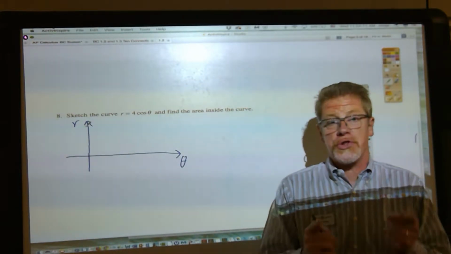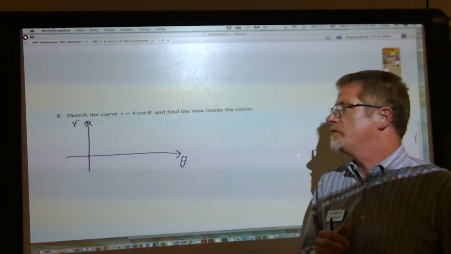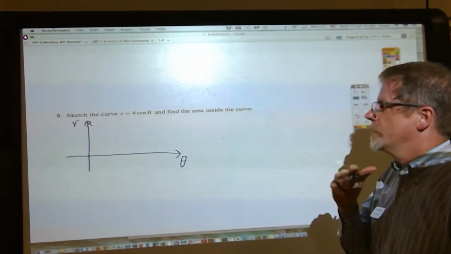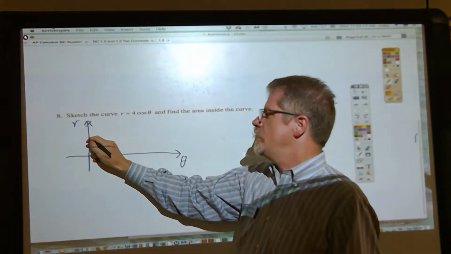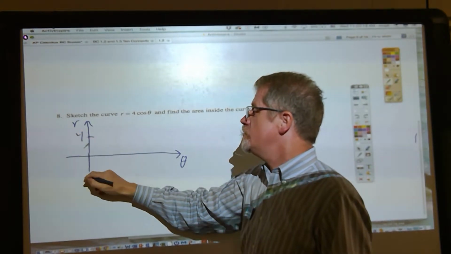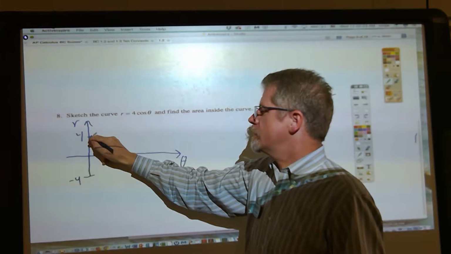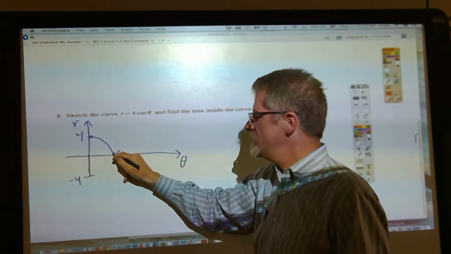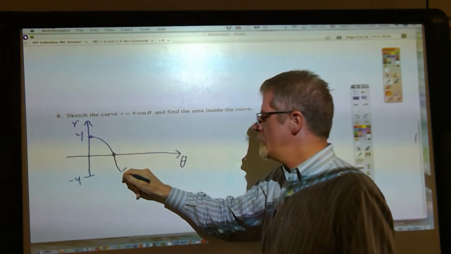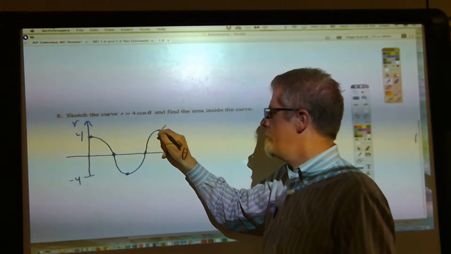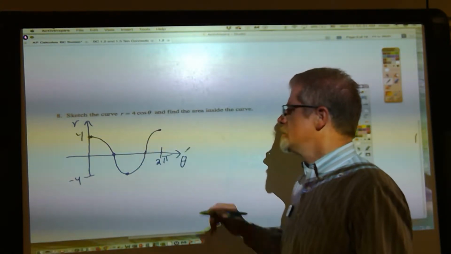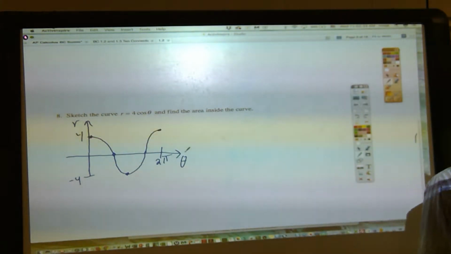Like if I were to look at the rectangular graph of r equals 4 cosine theta, then that would be sinusoidal in shape. It has an amplitude of 4. Cosine starts at max, so it goes max, D mid, D for decreasing, mid, min, I mid, max, has a period of 2 pi. So that's what the rectangular graph would look like.